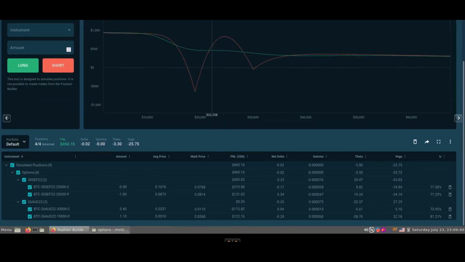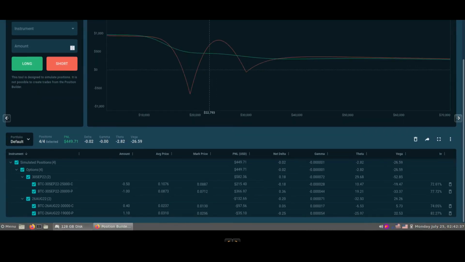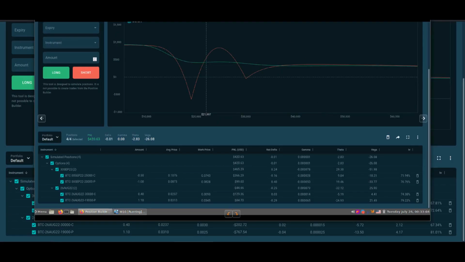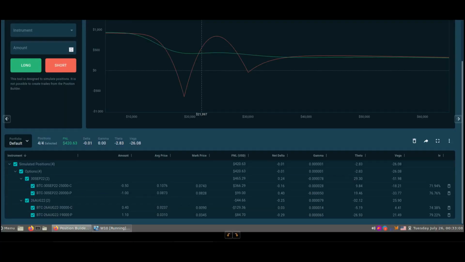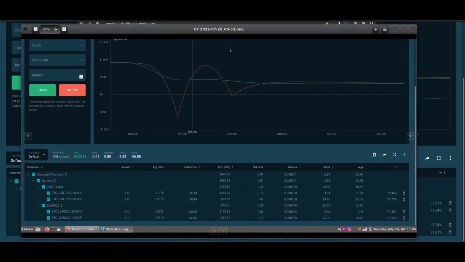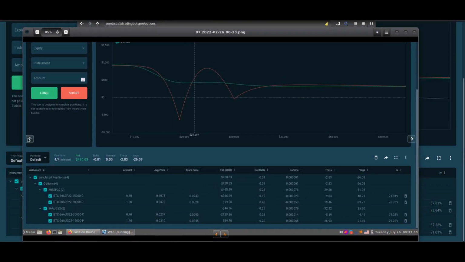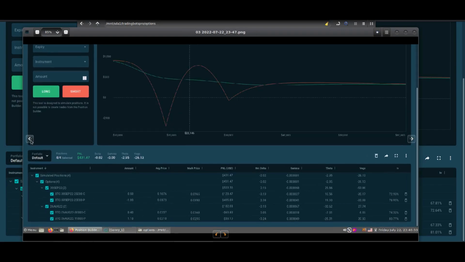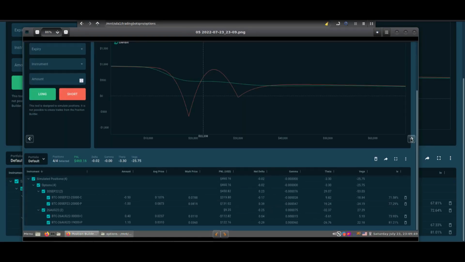Okay, let's find the next situation when I take a look. I did a snapshot at almost the same time every day. Okay, 23rd of July.